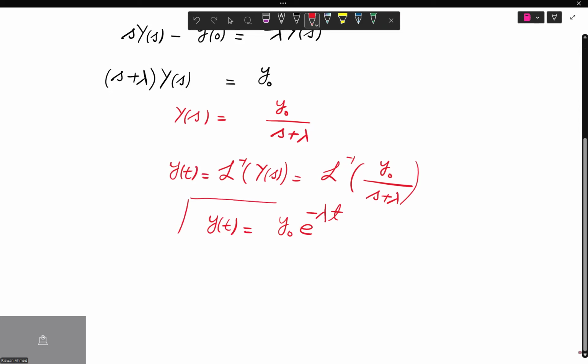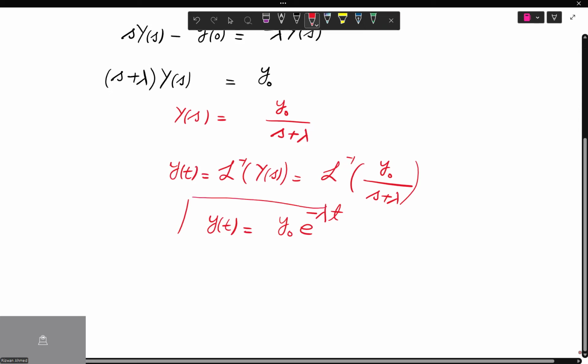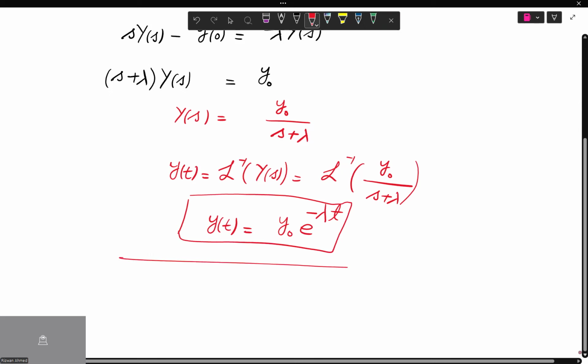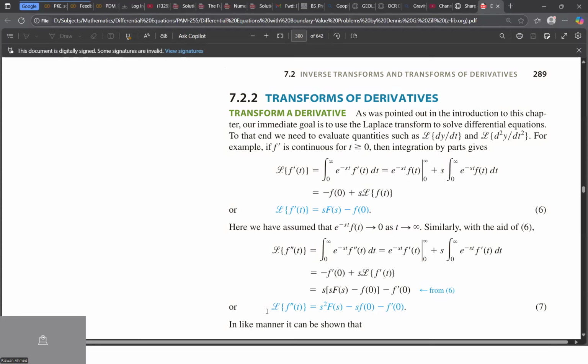So that's how we use the Laplace transform for solving the differential equations. Let's solve another example, from the book.